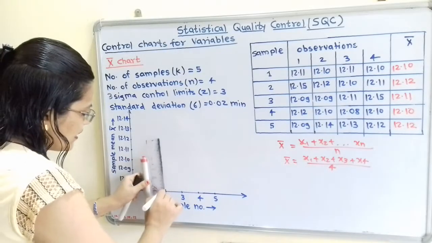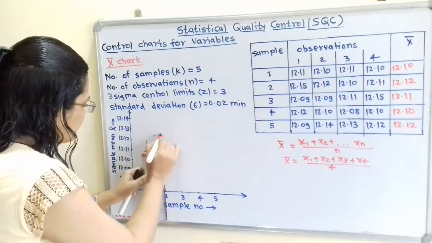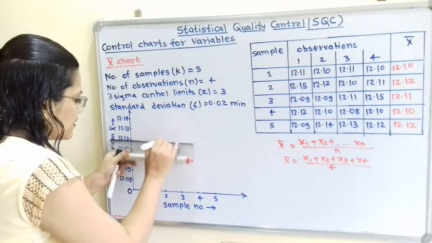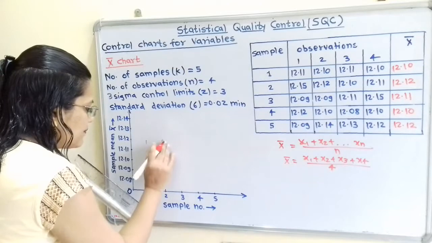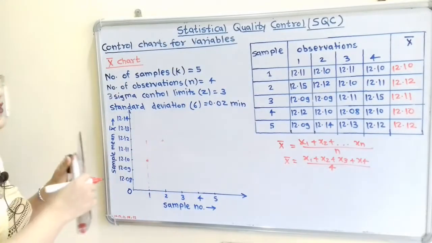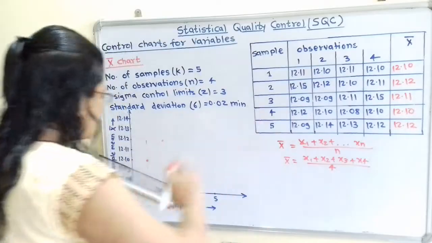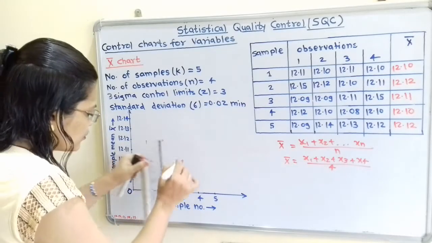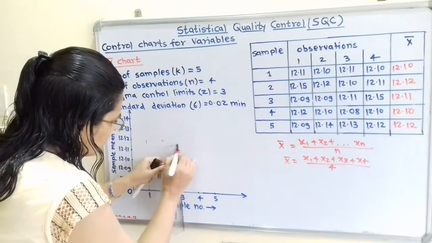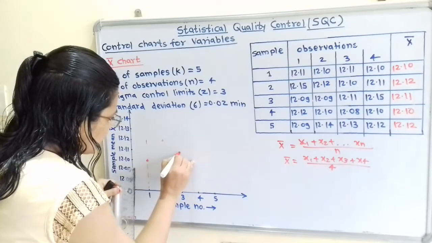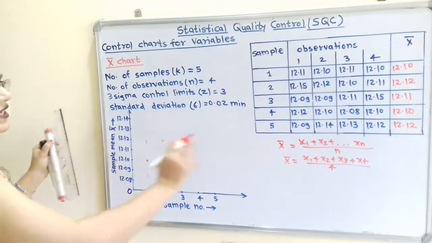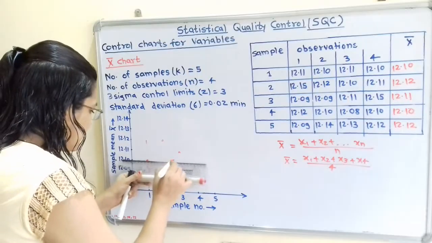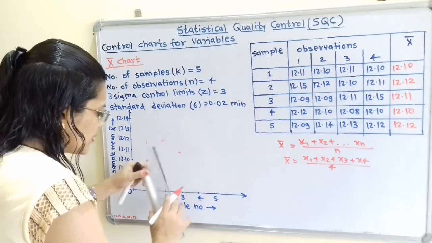Here is the second sample number, and along this vertical line we plot 12.12, taking the horizontal line and vertical line. So here is this point. Then for the third sample it is 12.11. Along this horizontal line and vertical line we plot the third point for 12.11. Then for the fourth sample, again it is 12.10.